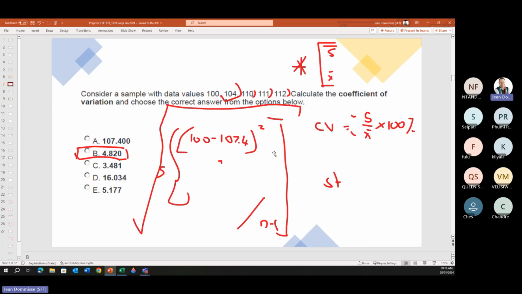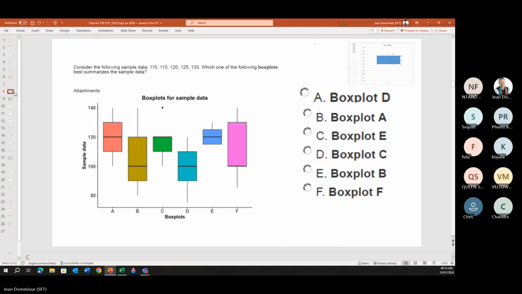And for the 1610 guys that are allowed to use Excel, rather use Excel or even the function within your calculator. That for the 1510 would have also been an option, if you have a calculator where you can put in the 5 data points and work all of these out. Okay, let's go into the next one.